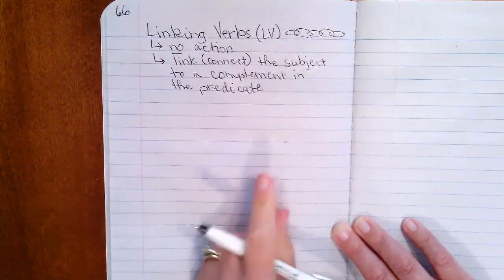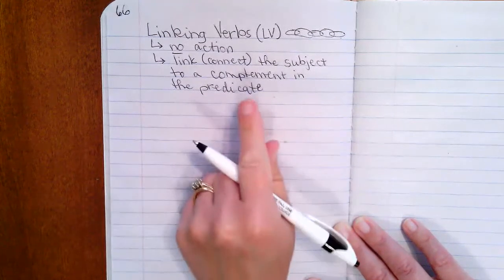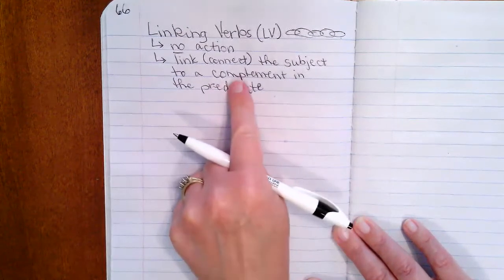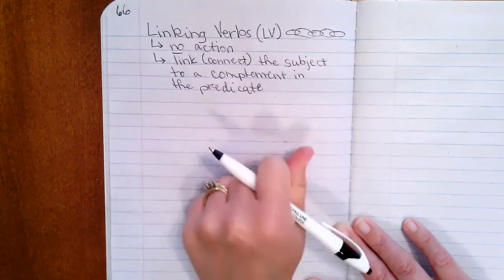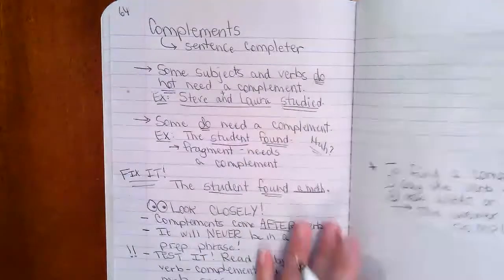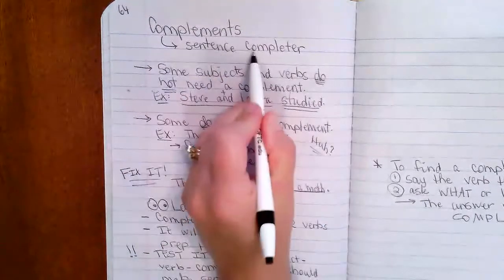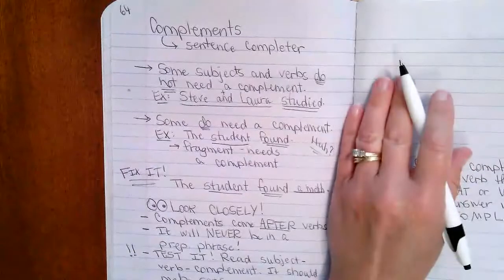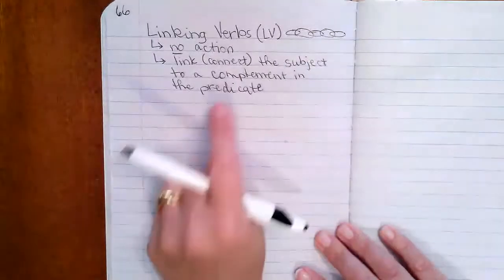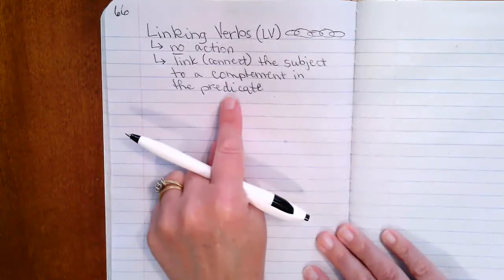So a linking verb's job is to connect the subject to a complement in the predicate. Remember, we said that a complement is a sentence completer. So it connects to something in the predicate that is very important for the sentence being complete.